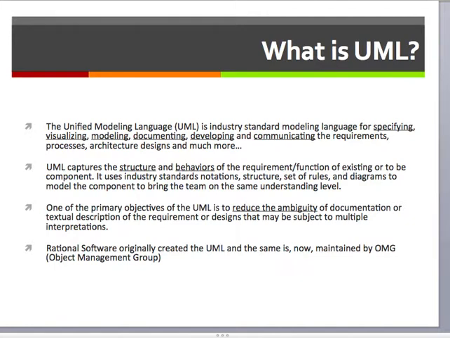When we define the current state of any solution, we use UML to model it, and that helps stakeholders understand what we have, the current capabilities, features, and functionalities, and what we need. So it gives them a quick understanding of what the transformation journey could be.